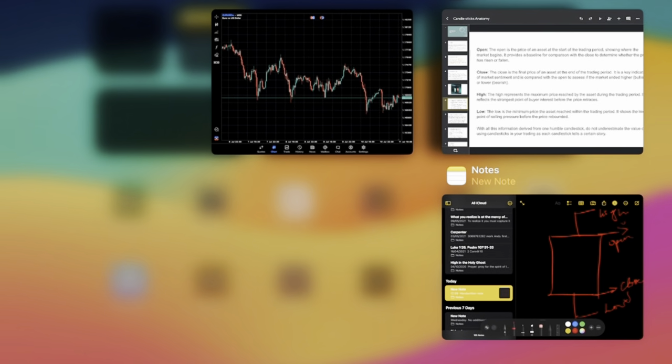So for instance, let's go to the chart and see. Look at the market. Here, this is a 30 minute time frame.